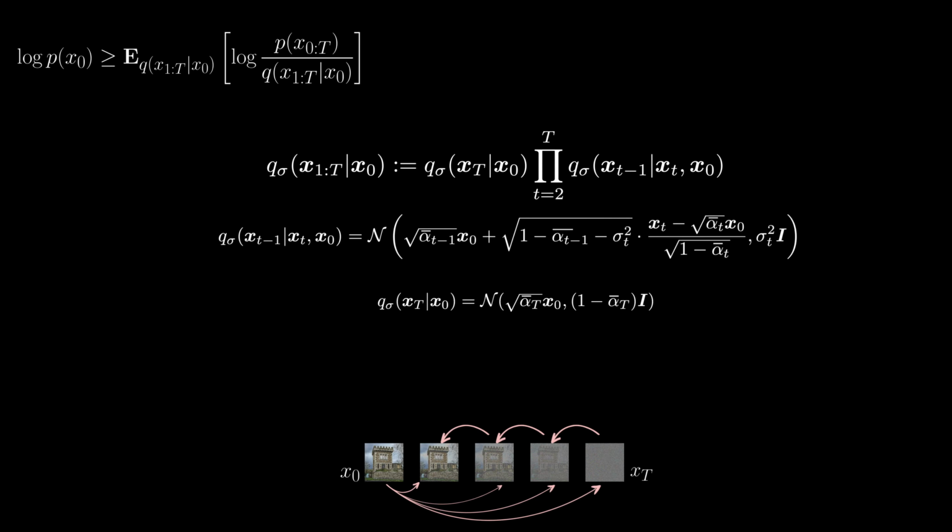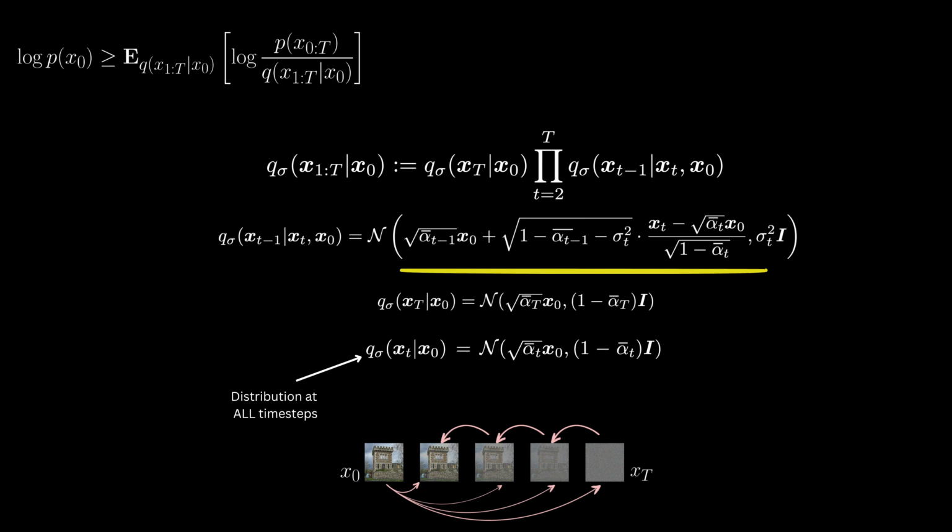Earlier, we saw that as long as q of xt given x0 for all time steps remains the same as DDPM, and q of xt minus 1 given xt and x0 is a linear combination of xt and x0 or xt and noise, we can use the same trained DDPM model for sampling. Here the mean is specifically defined as a combination of xt and x0. So if we somehow prove that with this mean, q of xt given x0 remains the same as DDPM's distribution for all time steps, then we don't need to train a different model for this diffusion process.